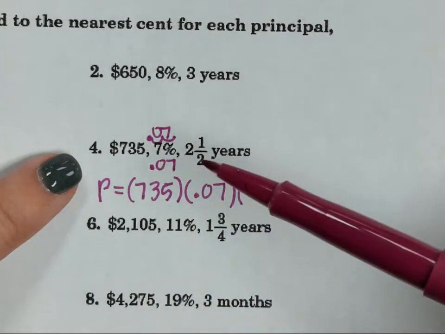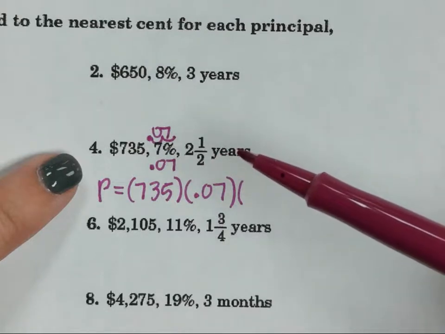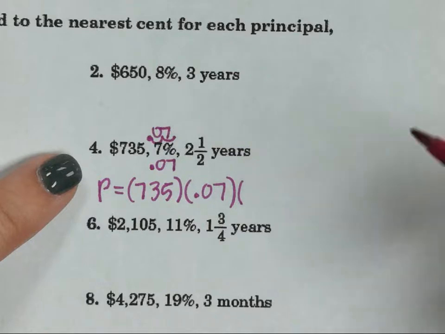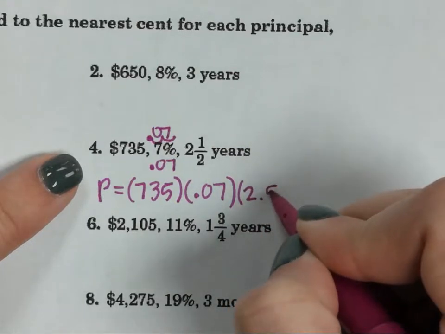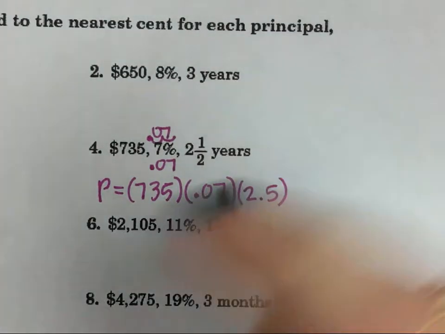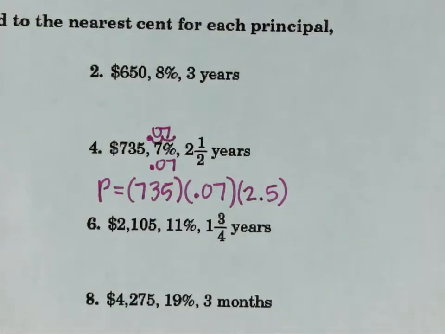If I wanted to change 2.5 to a decimal, what would it be? 2.5. You don't have to change it. Remember, 1/2 as a decimal is 0.5. You don't have to change it if you don't want to. I personally just think it's a lot easier to type in a decimal than a fraction on your calculator. So if it's easy to change to a decimal in your head, I would just go ahead and change it to a decimal.